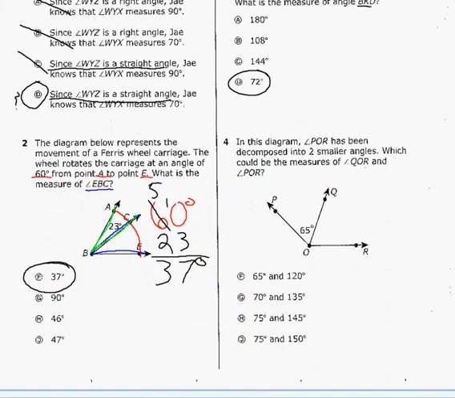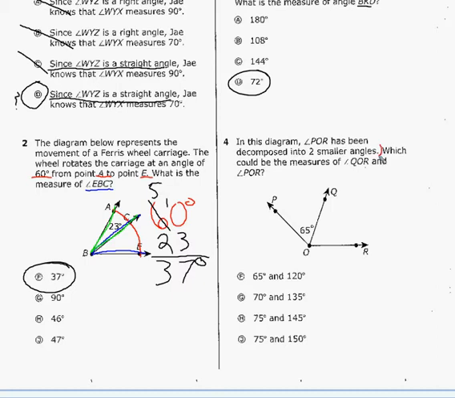Okay, in this diagram, angle POR has been decomposed into two smaller angles, which could be the measure of angle QOR and angle POR. So let's go ahead and look at that real quick.